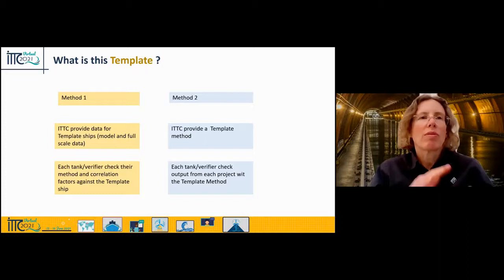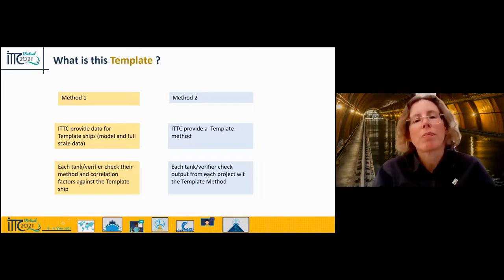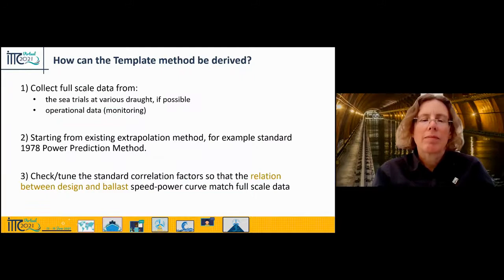And again, it's only the relation between the power at design draft and ballast draft that we are looking for, not the absolute value. The second method is that ITTC provide a template method instead, and each tank or verifier checks the output from each project against this template method to check that the relation is reasonable.